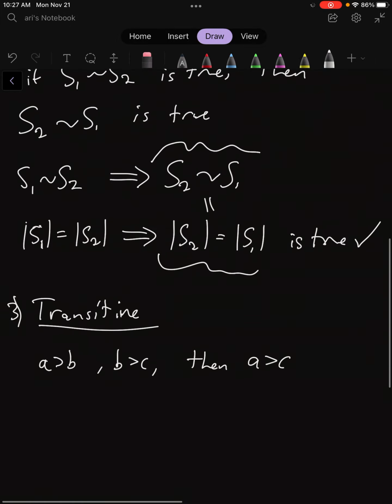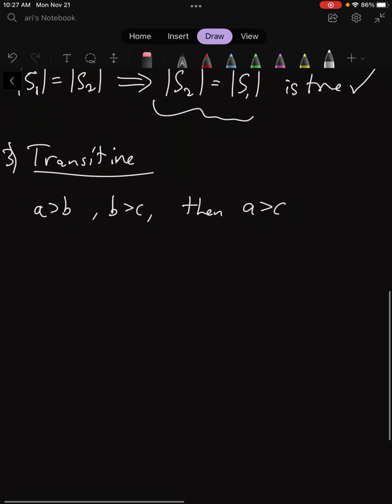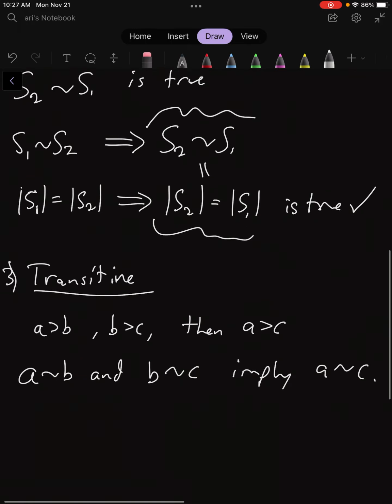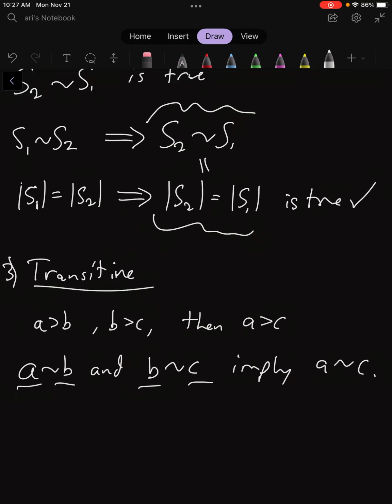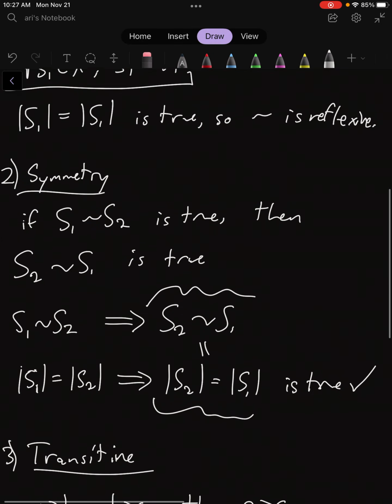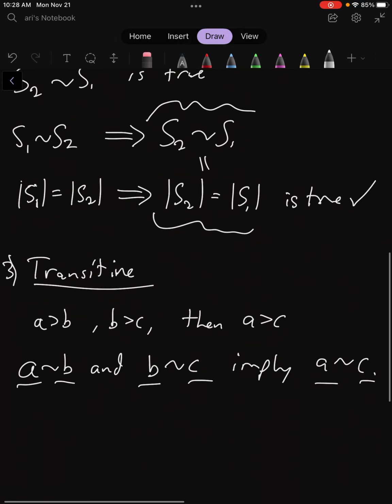So you could probably guess, even if you didn't look at the lecture yet, which you should, then basically what we're saying here is A tilde B and B tilde C imply A tilde C. That's what we have to show here. And here I'm using A, B, and C instead of S1, S2, and S3 just to show that you can use any variables you want, except I wouldn't use X because A, B, and C here are all subsets of X.